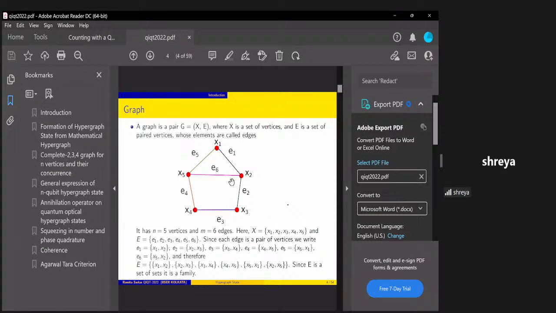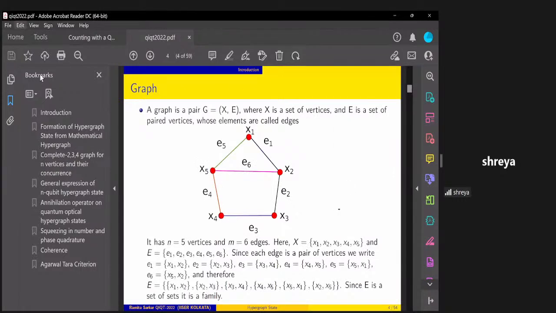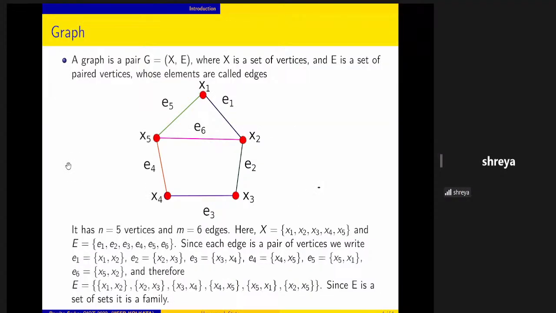Here I have given one example of a graph. As an example, I have taken a 5-vertex graph. Here the number of vertices is 5, that is x1, x2 up to x5, and the number of edges in this graph is 6, like e1, e2, e3, e4, e5, e6.